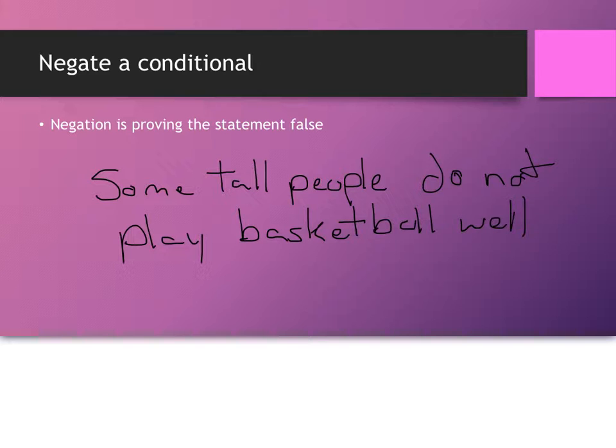If-then statements aren't really negated by other if-then statements. If-then statements are negated by a statement which starts off as "some blank." There are some other ways too, but notice that we're not trying to say all tall people don't play basketball well. We're saying that I've found one tall person that doesn't. And at least one, if you recall from the very first section, is what it means to be "some."